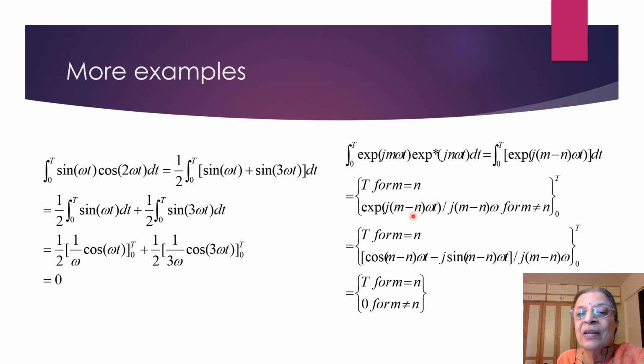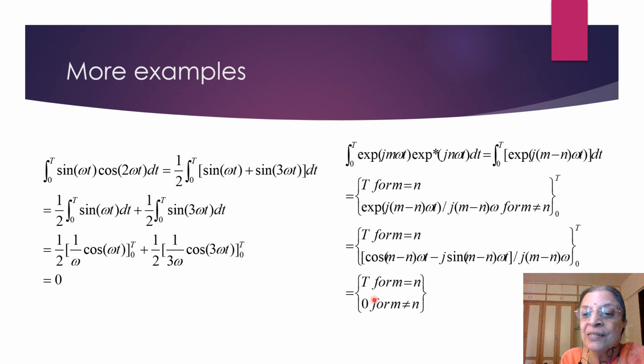It is e raised to j (m minus n) omega t upon j (m minus n) omega for m not equal to n, and if m is equal to n, it will be equal to T. And e raised to j omega t is cos omega t plus j sine omega t, so similarly we are writing here. When we integrate any cos or sine function over the complete cycle, we get the value as 0.